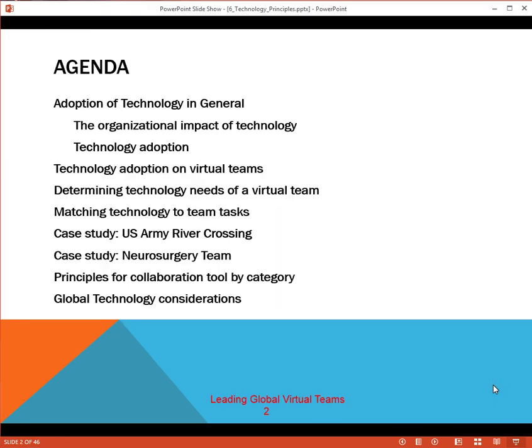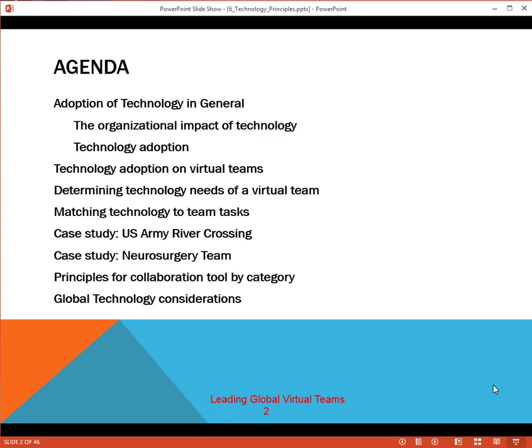So the agenda is we'll look first at adoption of technology in general, the organizational impact of technology, and technology adoption. Then we'll look at technology adoption on virtual teams. Then we'll look at determining the technology needs of a virtual team, then matching technology to team tasks.